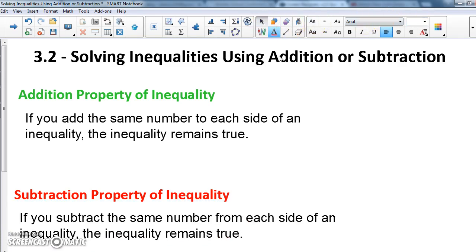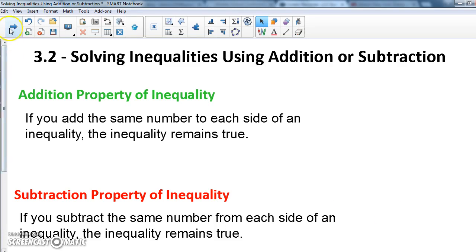Okay, so same thing. If it says x plus 2 and you need to go ahead and subtract the 2, as long as you do it to both sides, you're good to go. If you subtract 2 from one side and not the other, that's not going to work. It's going to mess up your equation, and now it's going to mess up your inequality. Okay, so those properties just allow you to move things to the other side, same as equations.